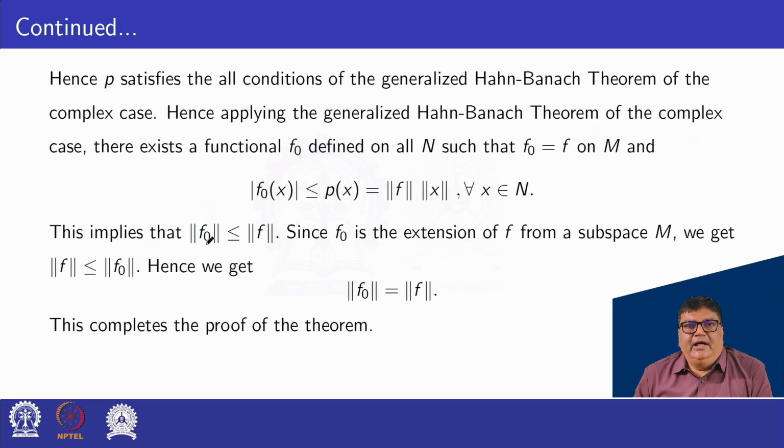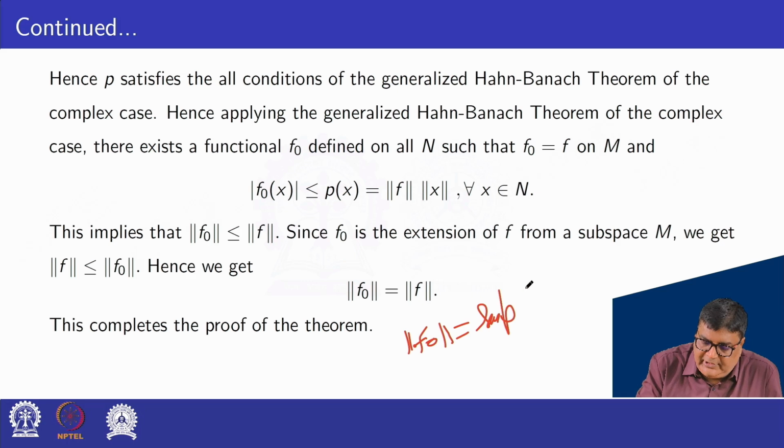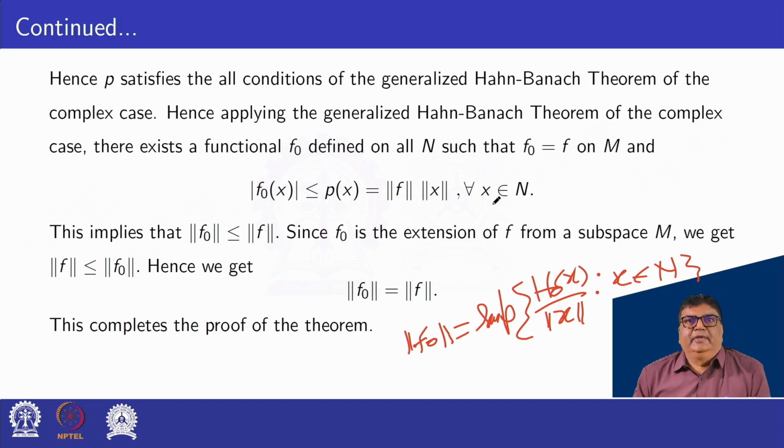This implies that ||f0|| ≤ ||f||, by the definition of bounded linear functional, by dividing this, because we know that ||f0|| = sup |f0(x)|/||x|| such that x belonging to N. So by dividing this by ||x||, we get ||f0|| on the left side, and on the right side this is ||f||.